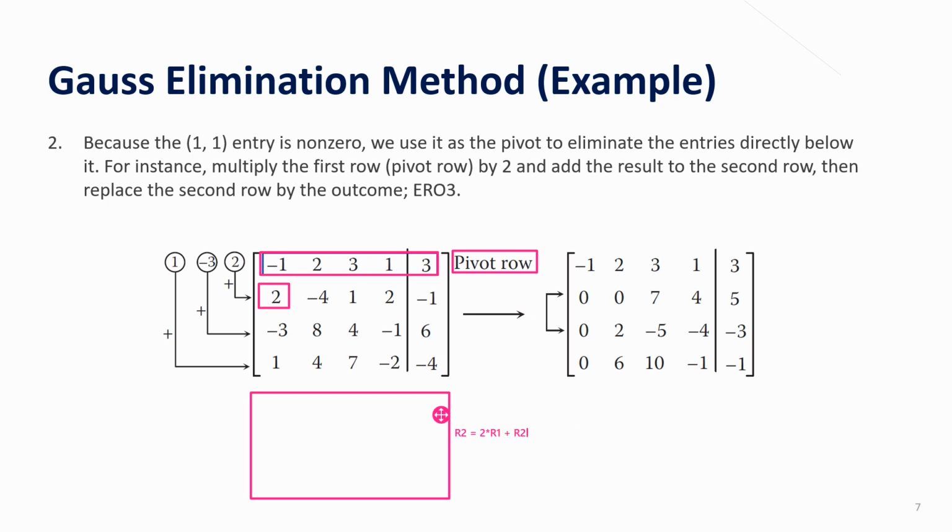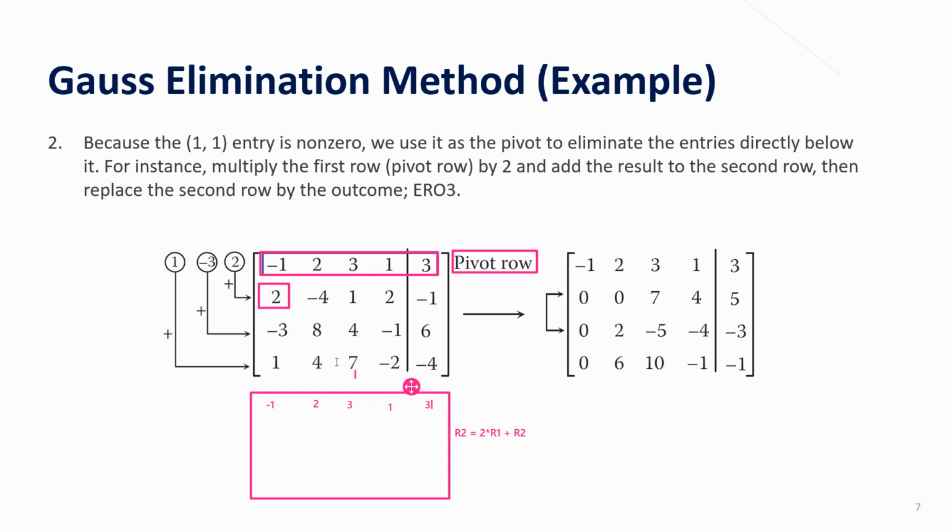First, let's put the value of row 1: minus 1, and then 2, and then 3, then 1, and then 3.